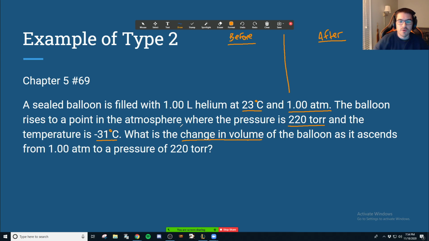So let me write my before and after information. Before, I know that the volume, I'm going to label this V1, or you could do V sub I, so V initial, either of those things is fine. This is 1 liter.